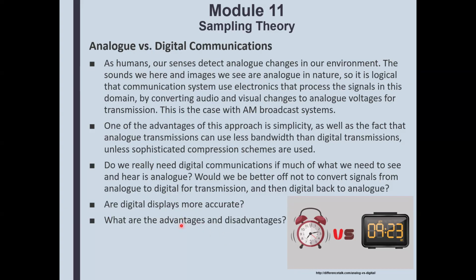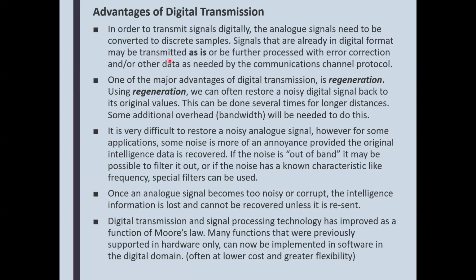Now, what would be the advantage of the digital transmission here? Let's see here. In order to transmit signals digitally, the analog signals need to be converted to discrete, digital samples. Signals that are already in the digital format might be transmitted as is.